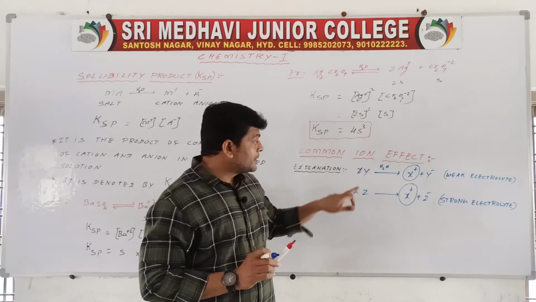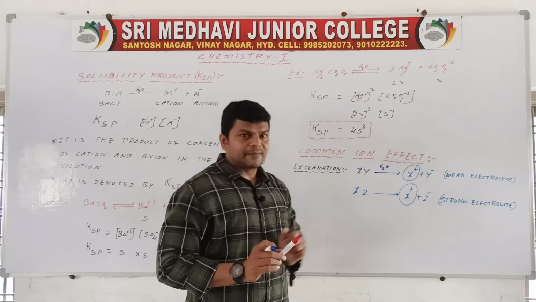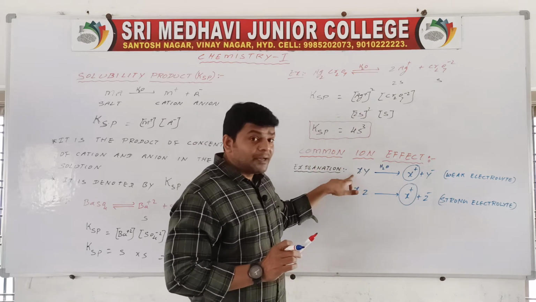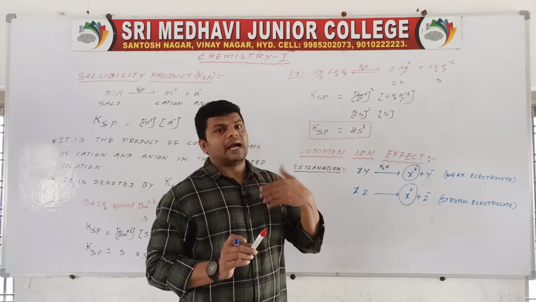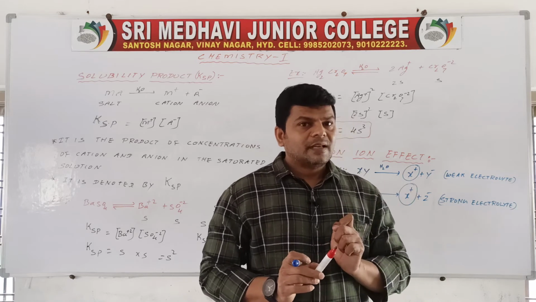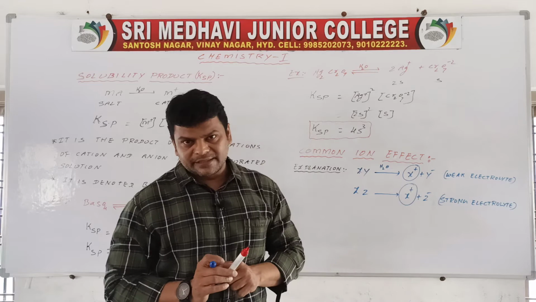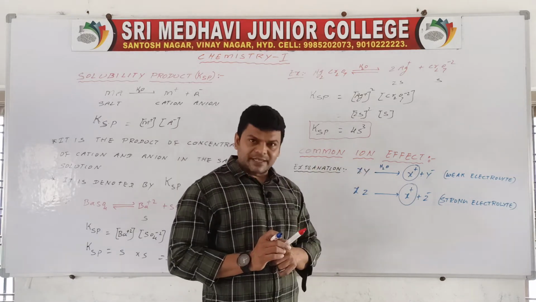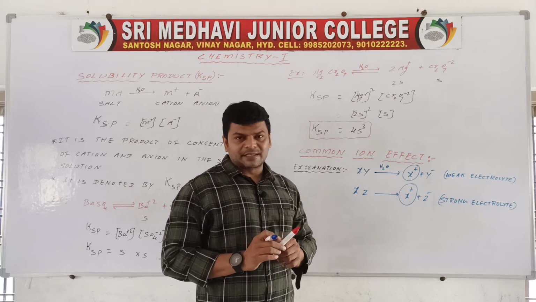What I mean to say is, its solubility can be suppressed. Suppression means decrease. The solubility of this electrolyte can be decreased by adding one more strong electrolyte having a cation the same as the original electrolyte. That is nothing but the common ion effect. Understand?